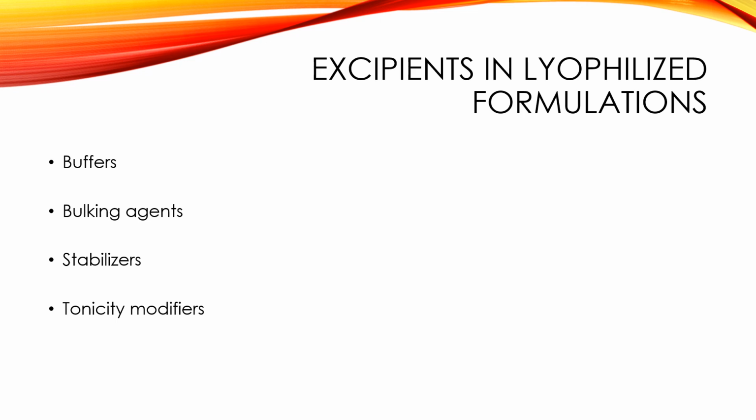Then bulking agents are used in formulations containing a very low concentration of active ingredients. Mannitol is also used as a bulking agent. So these are some examples of excipients used in lyophilized formulations.